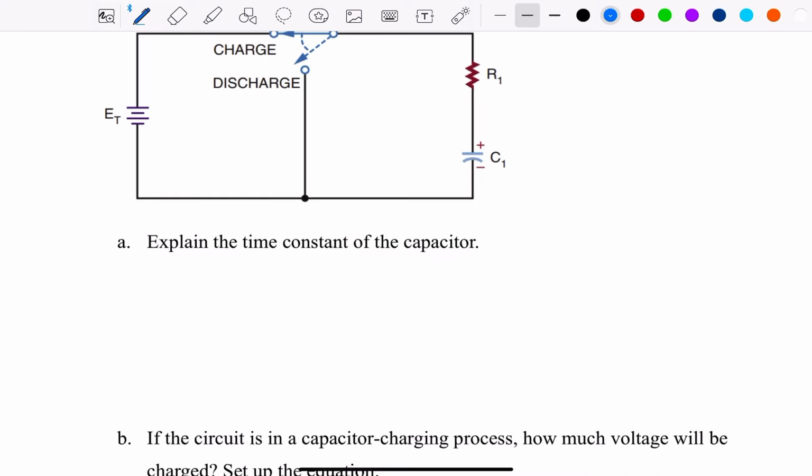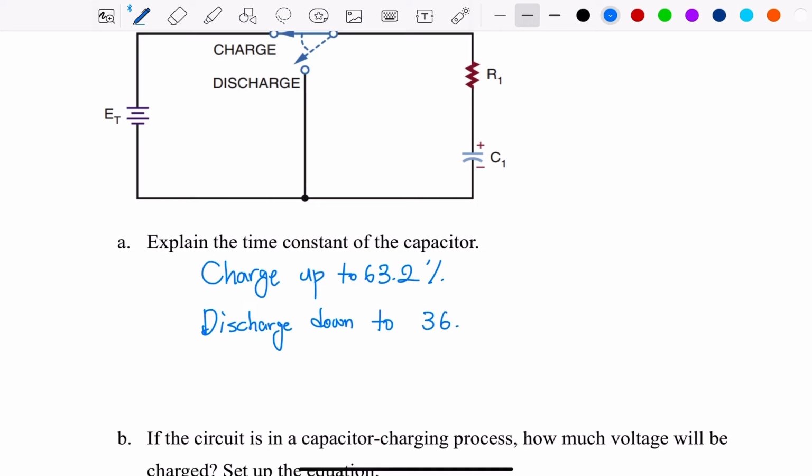Time constant reflects the time required for a capacitor to charge up to 63.2% of the applied voltage, or to discharge down to 36.8%.